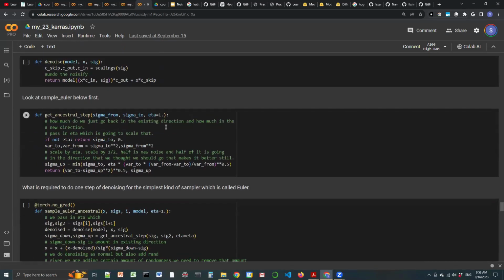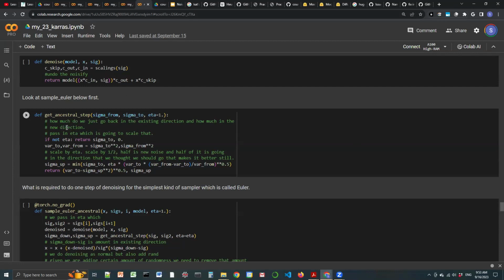It could be Euler sampling with some amount of noise added. If you recall, once we took a derivative, we went all the way to the end, and then we added a little amount of noise coming back.